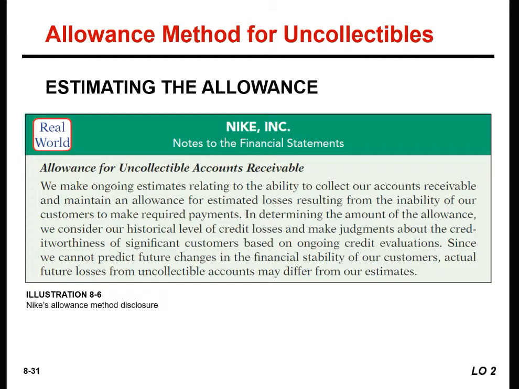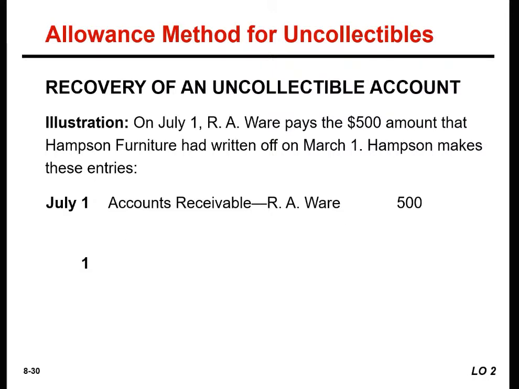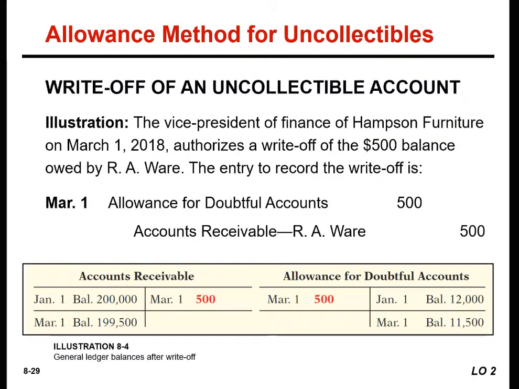So let's just jump back a little bit and let's look at some of these accounts. Here we go. The allowance for doubtful accounts shows the estimated amount of claims that customers are expected to become uncollectible in the future. We don't know who, we don't know when, we just know that there's an amount that we expect based off historical experience.